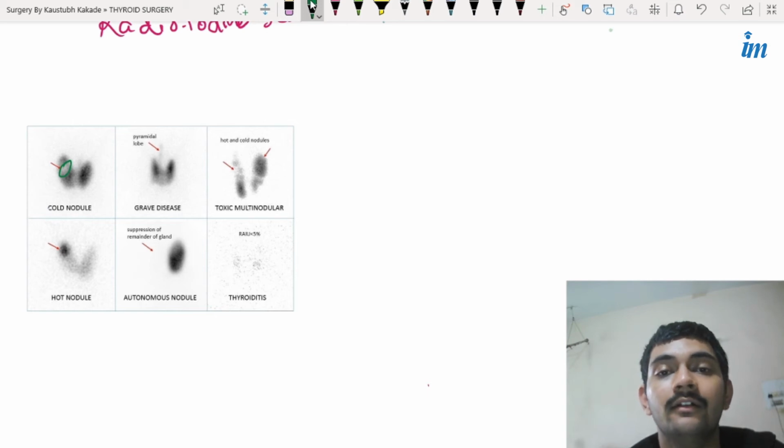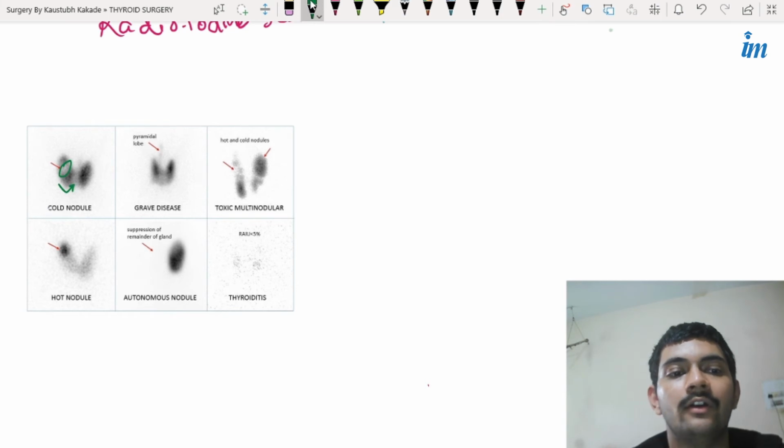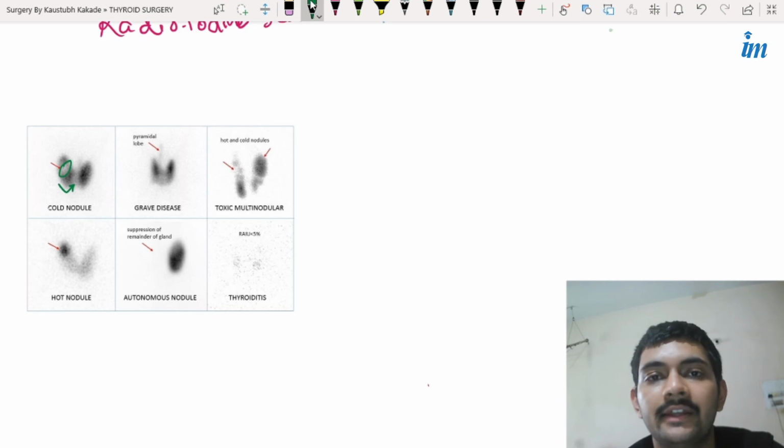Here in the nodule, if you check the iodine scan, then what you get is that the other parts of the thyroid are taking the dye, but the nodule itself is not taking the dye.